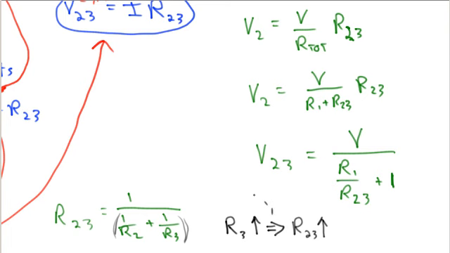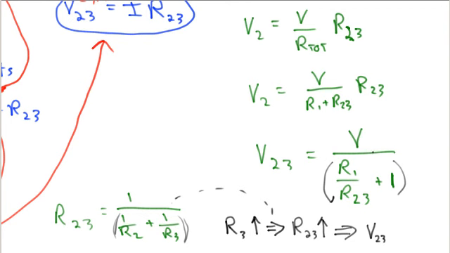From looking at this equation, if R23 goes up, then what happens to V23? R23 is in the denominator of this little fraction, so R23 increasing makes this smaller, so that makes this whole denominator smaller.